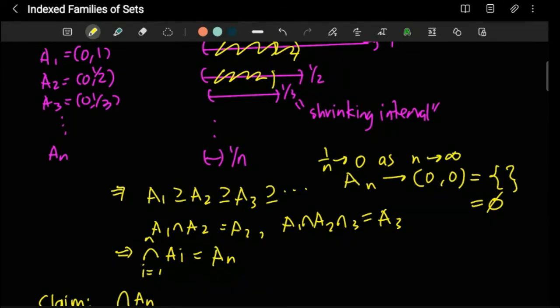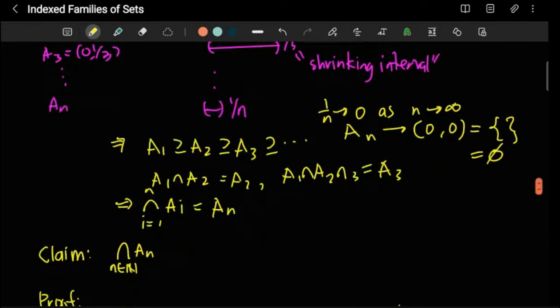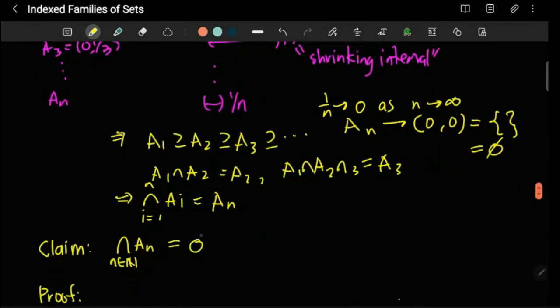So again, we're claiming that, ha. Hindi pa natin sinasabi na yan nga ang sagot. So we are claiming that this is actually the empty set. So how do we prove that? Again, it's a claim, ha.